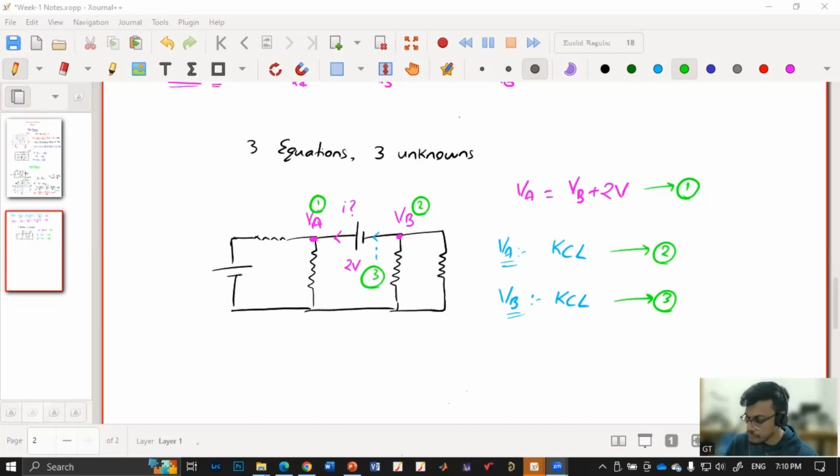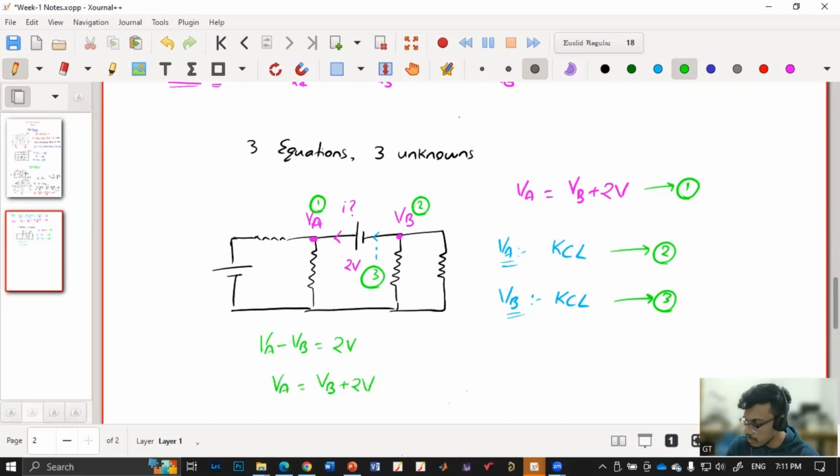VA is this terminal and VB is this terminal, and the potential difference of this battery is 2 volt. So my VA is at a higher potential compared to VB, and this potential difference is 2 volt, right? So VA is equal to VB plus 2 volt. That's how I got it from the circuit.